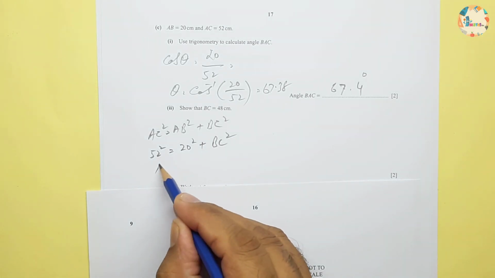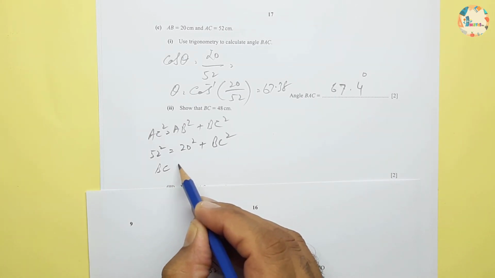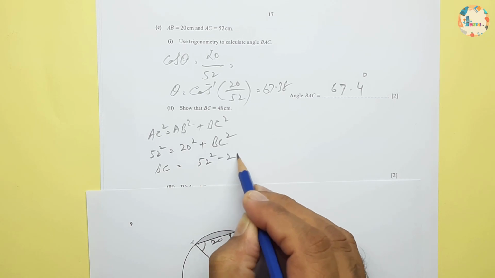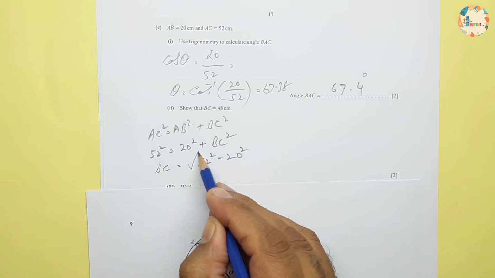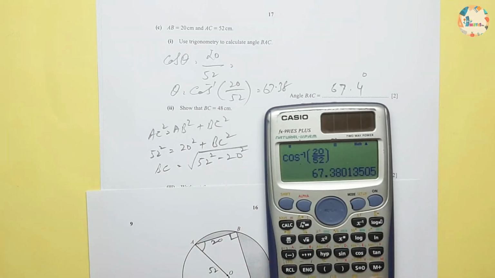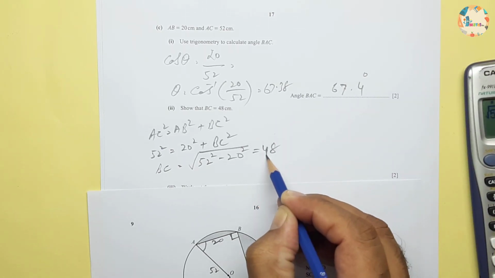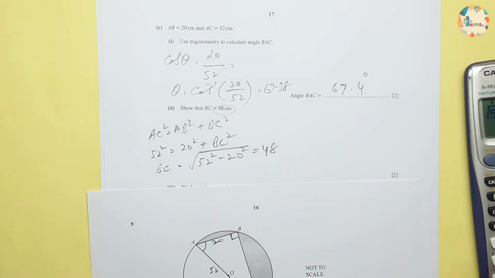So this implies BC will be equal to the square root of 52 squared minus 20 squared. So we can calculate this, which will be equal to 48. This was what we had to prove over here.